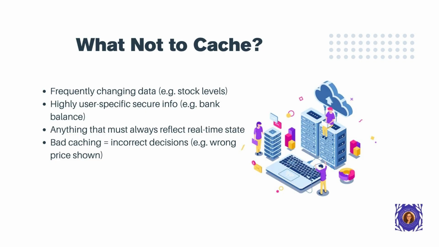If your application's logic or user decisions absolutely depend on the immediate, precise current state of data, then caching is inappropriate. Bad caching can lead to incredibly problematic outcomes, such as displaying the wrong price for a product, showing an outdated inventory, or presenting incorrect account balances, which can erode user trust and cause business issues.